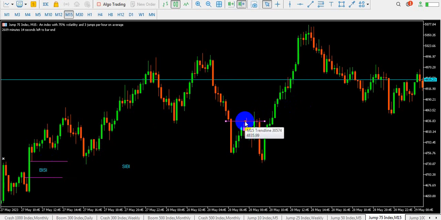So there is displacement, and a fair value gap forms between three candles. How many candles did I call to you now? Three candles. First candle, the bearish candle, the candle that created the energetic move, then the third candle.